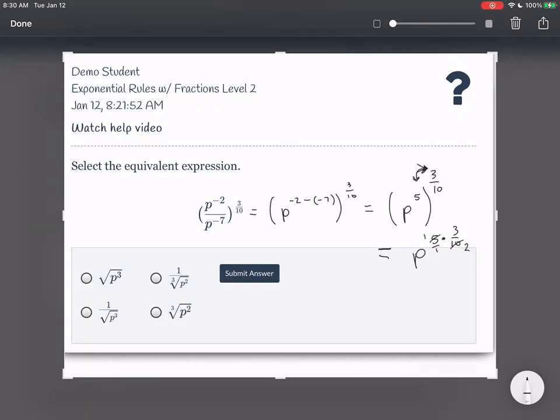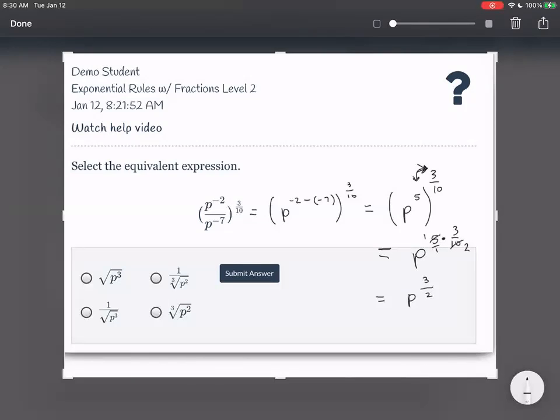So 5/10 is really 1/2. Now that we've simplified that part, we can just multiply straight across. So 1 times 3 on the top is 3, 1 times 2 on the bottom is 2. So now we have p to the power of 3/2.